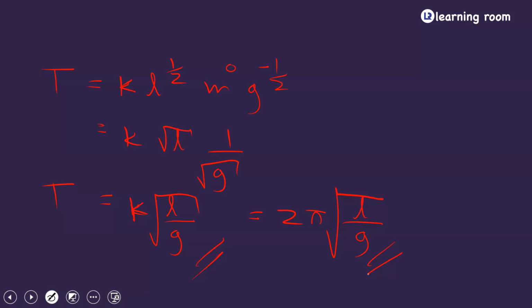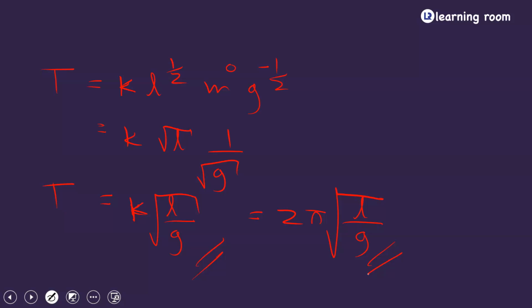Okay, getting the idea. But is the mass actually playing a role here or not? It's not.